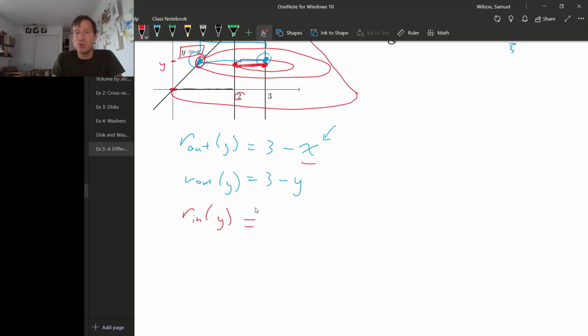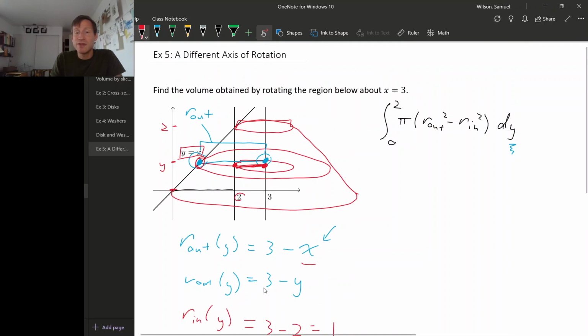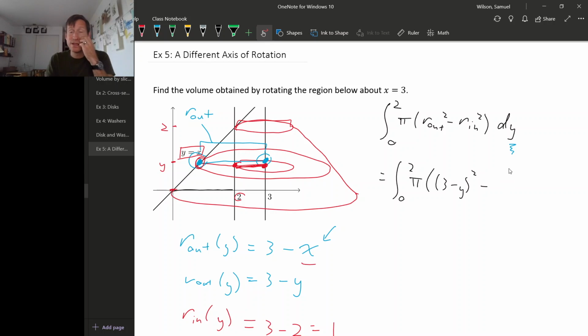So the bigger x coordinate is 3, and the smaller x coordinate is 2, and so the difference is 1. So the outside radius is 3 minus y, the inside radius is 1, so we can put that into our integral here. So integral from 0 to 2 of pi times outside radius 3 minus y squared minus inside radius 1 squared dy.